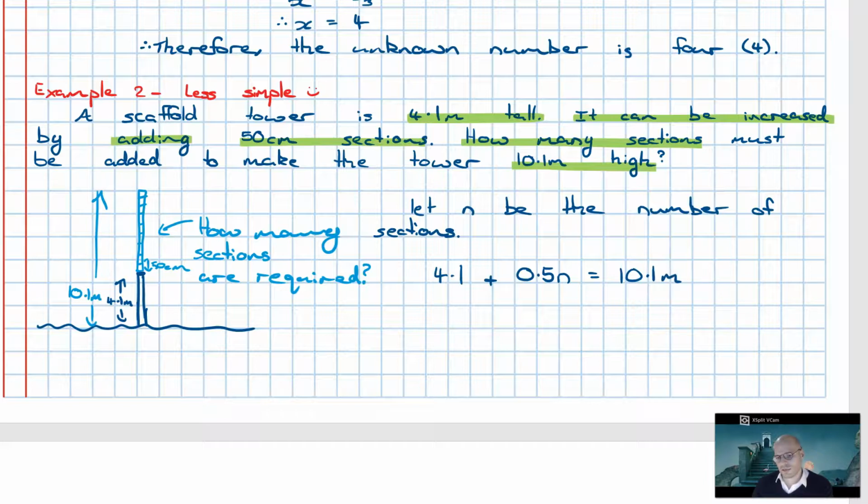Now the next step is we need to solve for n. To do this, we move our constant terms to the right and our variable terms to the left. This becomes 0.5n equals 10.1 minus 4.1. Then we divide this by 0.5.